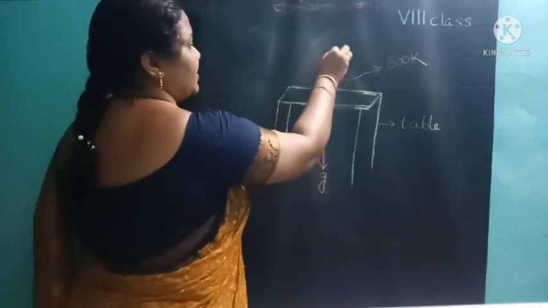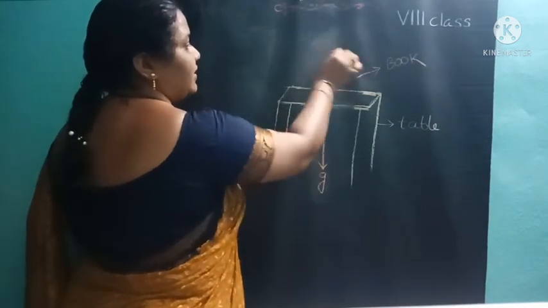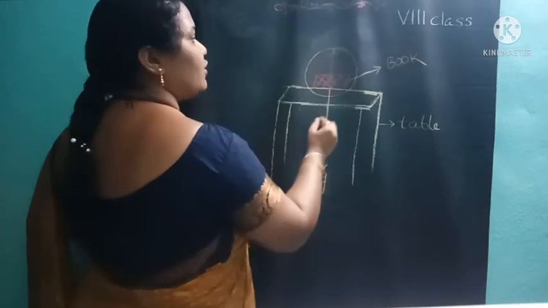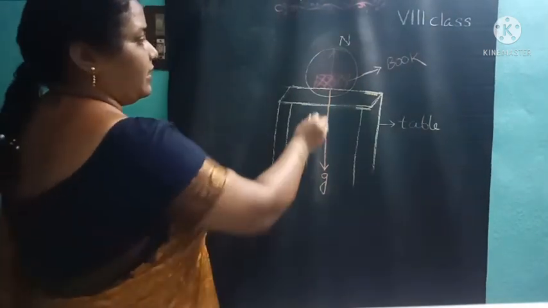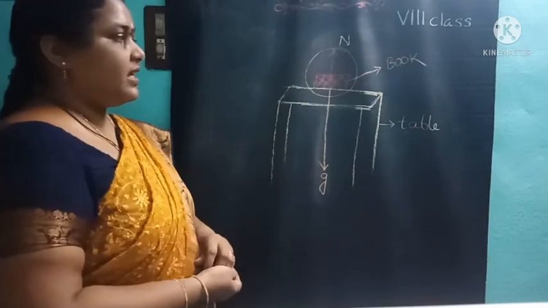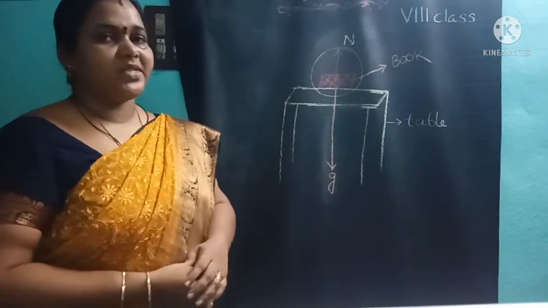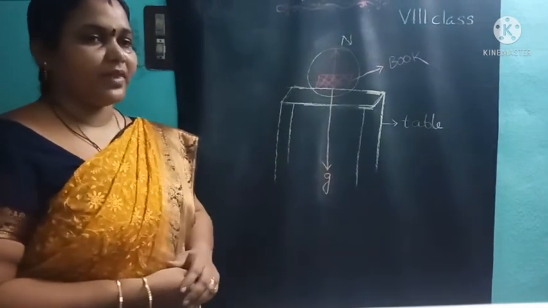The force against the gravitational force is said to be the normal force. Here it is in the normal direction. A force exerted on any object in a normal direction is said to be normal force.